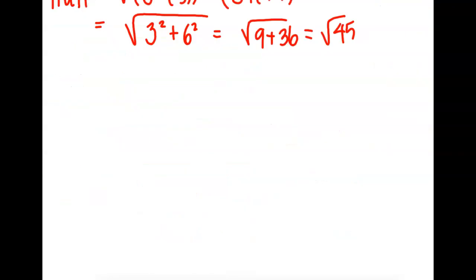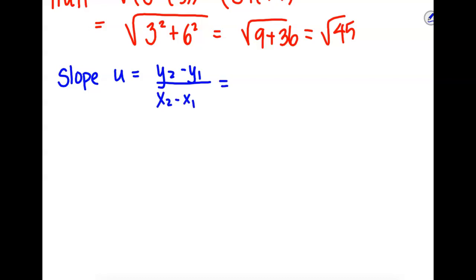All right, I extended the page. We're continuing on where we want to find now the slopes of the two vectors. So let's start off with vector u. So to find the slope of vector u, you're going to use your slope formula, y sub 2 minus y sub 1 over x sub 2 minus x sub 1. Now we substitute in. So 3 minus negative 3 over 0 minus negative 3.